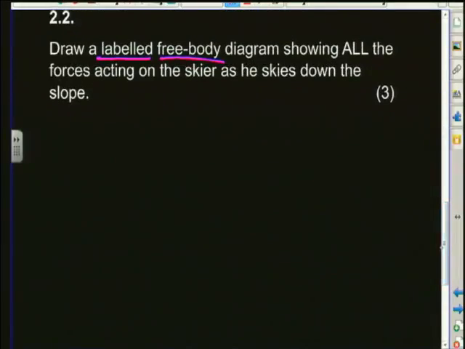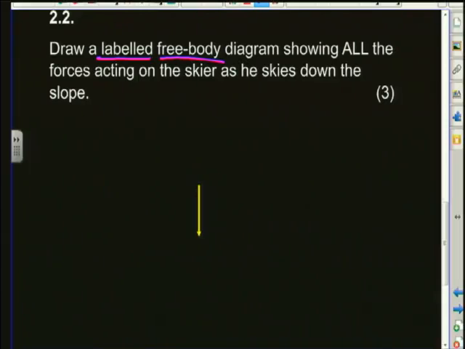So your free body diagram must follow the shape of the original diagram. Don't make it horizontal or vertical. Don't change your incline. It was at 15 degrees. It must stay at 15 degrees, okay? Now, your free body diagram, we're going to make it a nice, neat one, okay? Gravity acts vertically down.